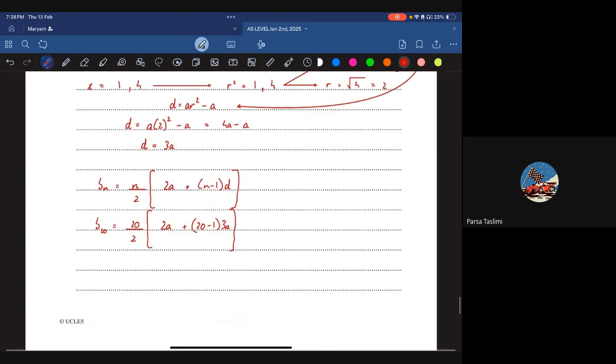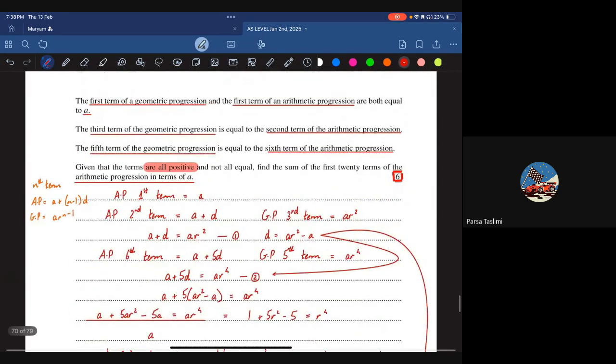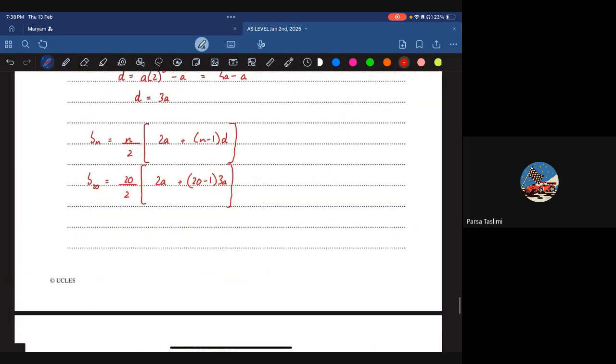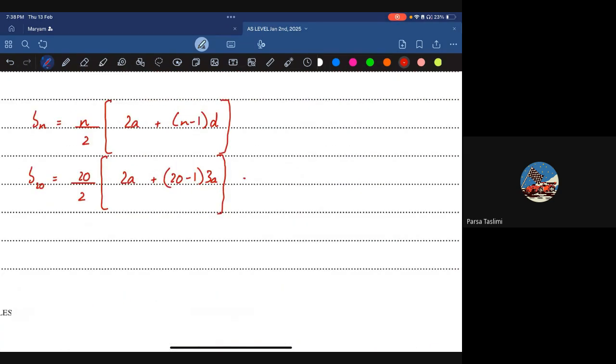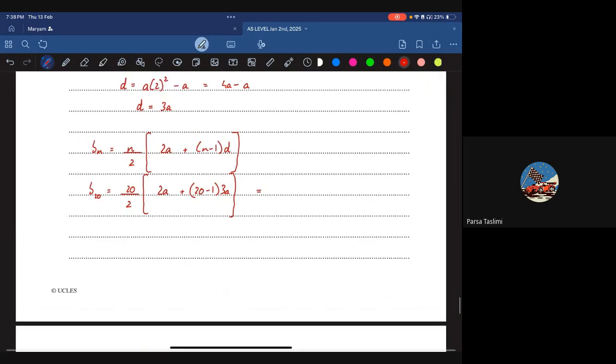Why are we replacing D? Because they are saying you need to write down the sum in terms of A. So we need to replace D. Harsha, solve this. What do you get? Mode 110.